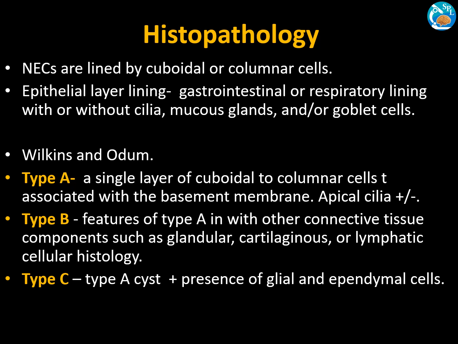The type B has the features of type A in presence of other connective tissue components such as glandular structures, cartilaginous, or the lymphatic tissue in the histology. The type C is characterized by the cyst, which is lined by cellular component of type A in presence of glial or the ependymal cells.